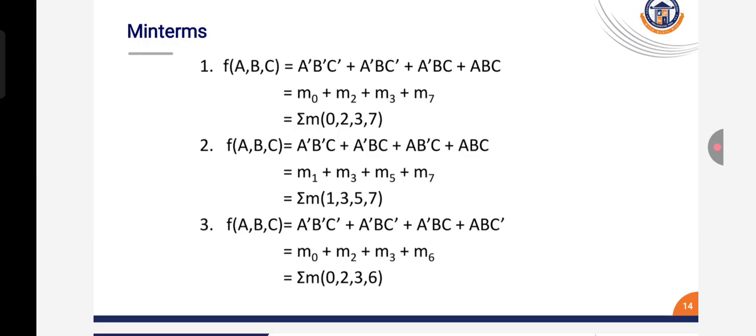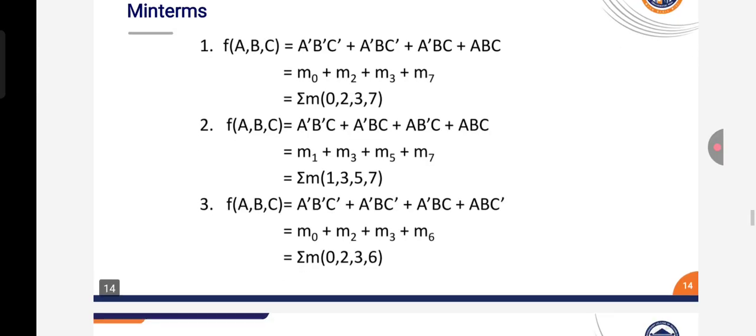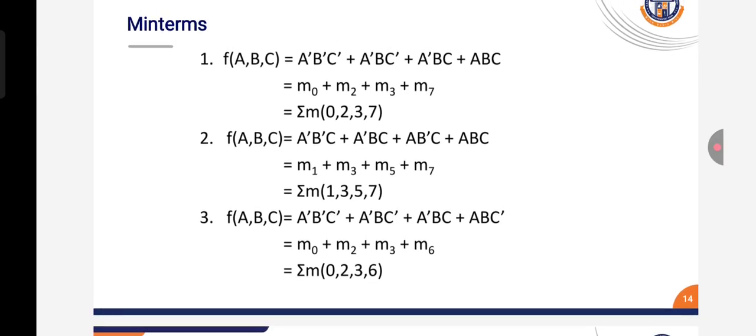So the given Boolean expression is a standard SOP form, and a'b'c' corresponds to minterm m0, a'bc' corresponds to m2, a'bc corresponds to m3, and abc corresponds to m7. So the minterms are 0, 2, 3, 7.